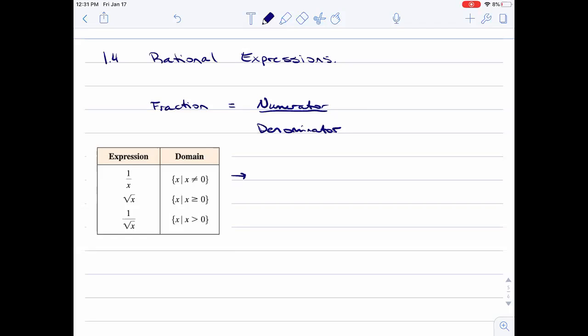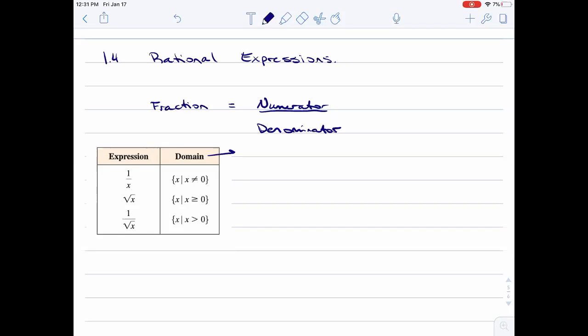But the rule for our domain is that we cannot divide by 0. So if you have 1 over x, or something like it, then all the x's that make you divide by 0 can't happen, so they're not in the domain. Domain just means the possible values of x. So I'll add that on here.